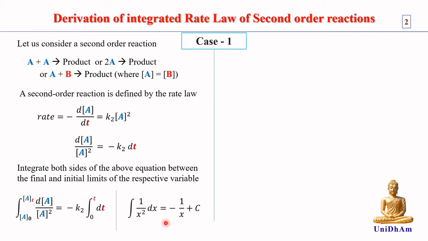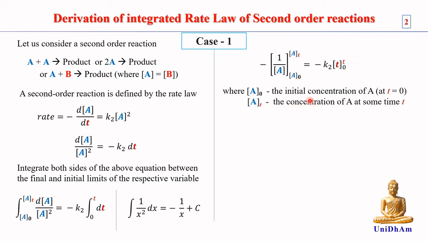The formula for the integration of 1 by x squared dx is equal to minus 1 by x plus c. Hence, this equation becomes minus 1 by concentration of A, the lower limit A0, the upper limit At, which is equal to minus K2, the variable t, the lower limit is 0, upper limit is t.